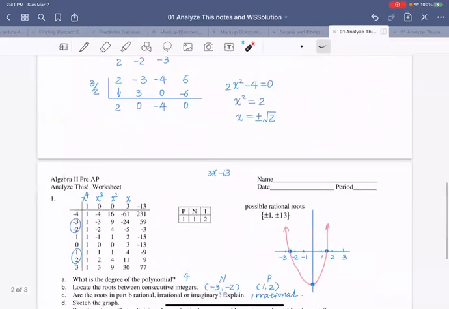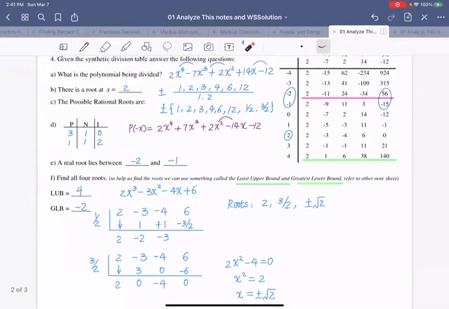Now you want to find the roots. You know for sure you have roots between here, and you also know that you have roots here.